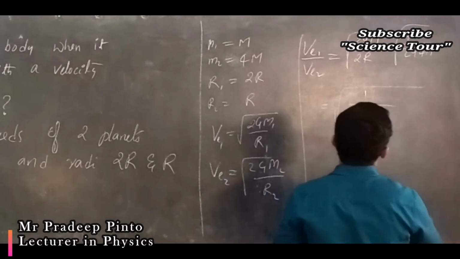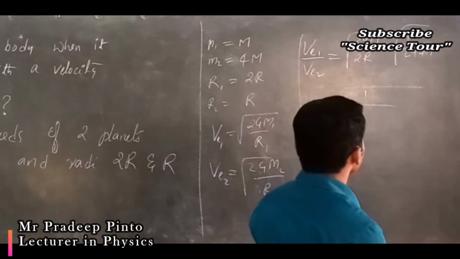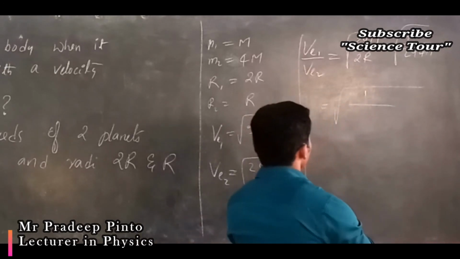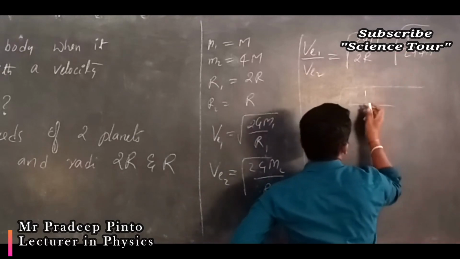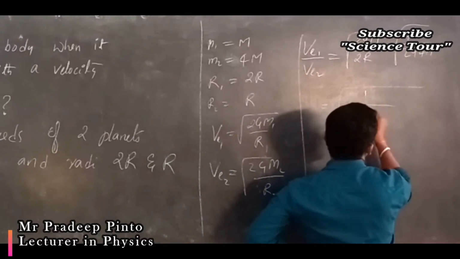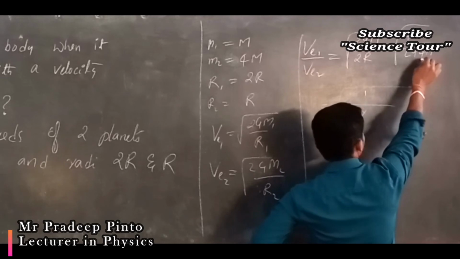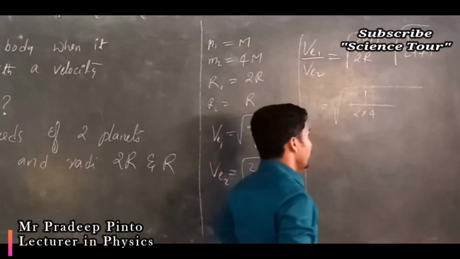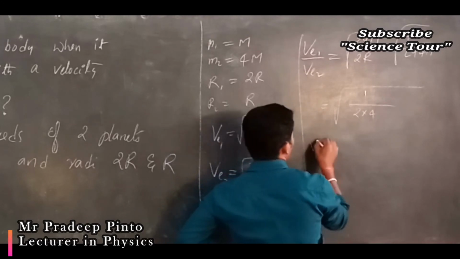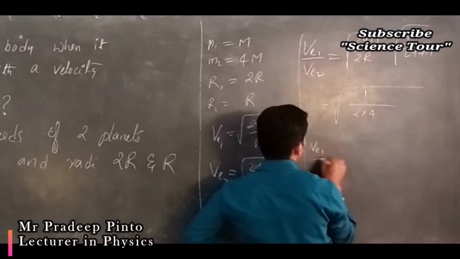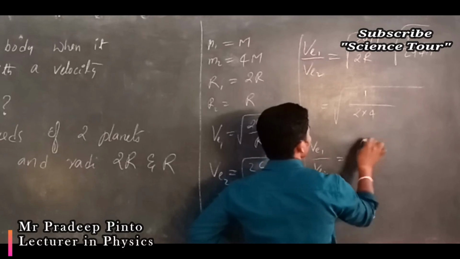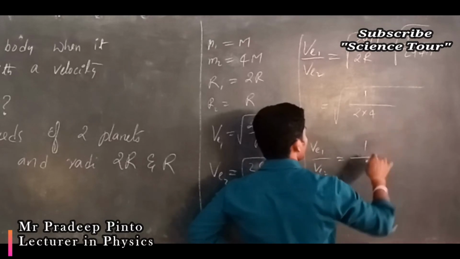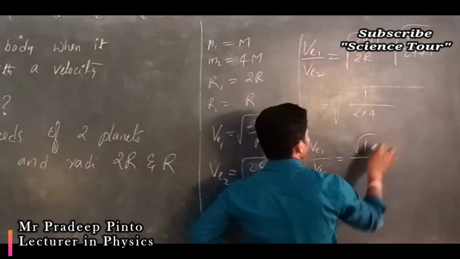That is nothing but 1 divided by, okay, so that r is cancelled, 2 is remaining, and here 4 is there, that is 8. So I can write down VE1 divided by VE2, which is equal to root 1, which is 1, divided by root of 8.